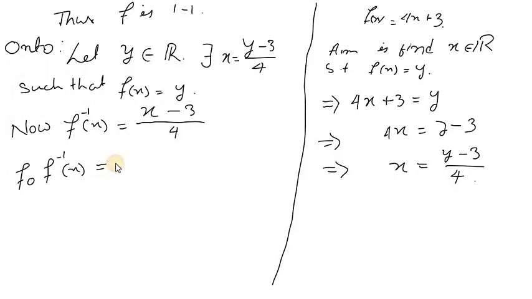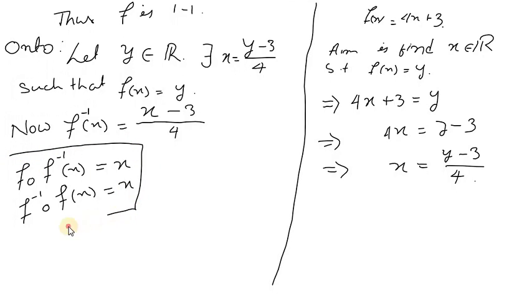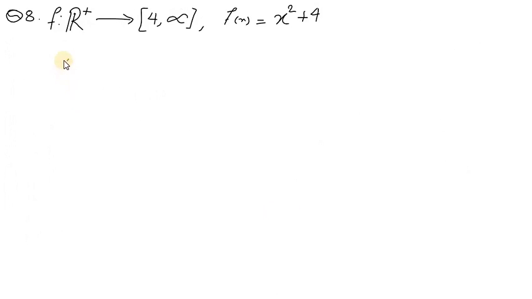My claim is that it should be equal to x. Similarly, f inverse of f(x) is x. This is my claim, and you can verify this. You can use the definition of composition of mappings and try to verify this. So we have to show that this is invertible and verify that the function given is the inverse of this.